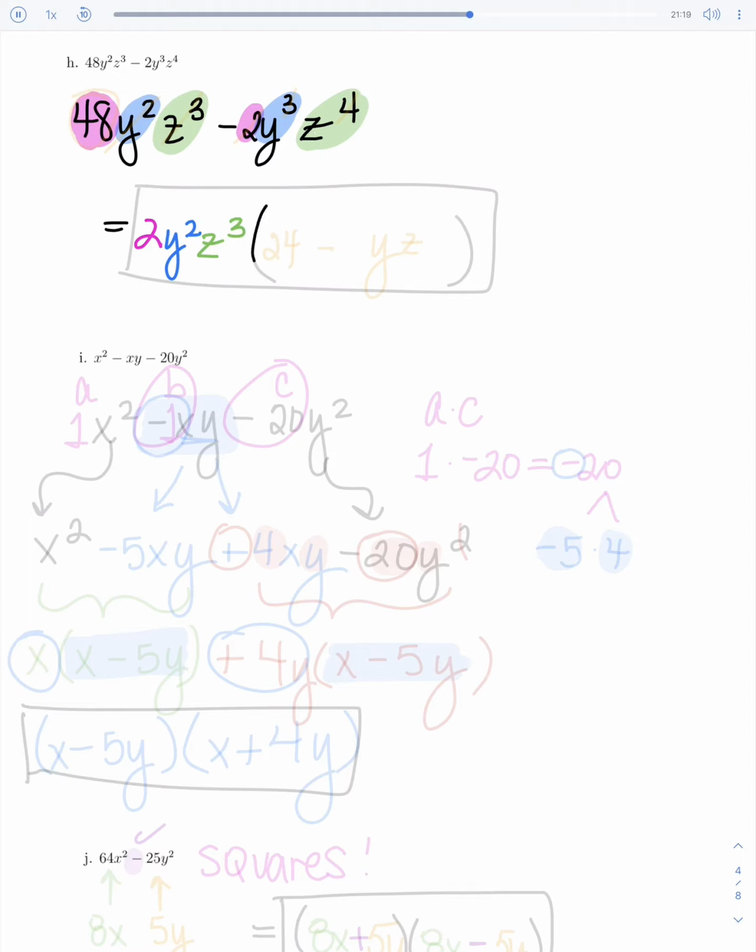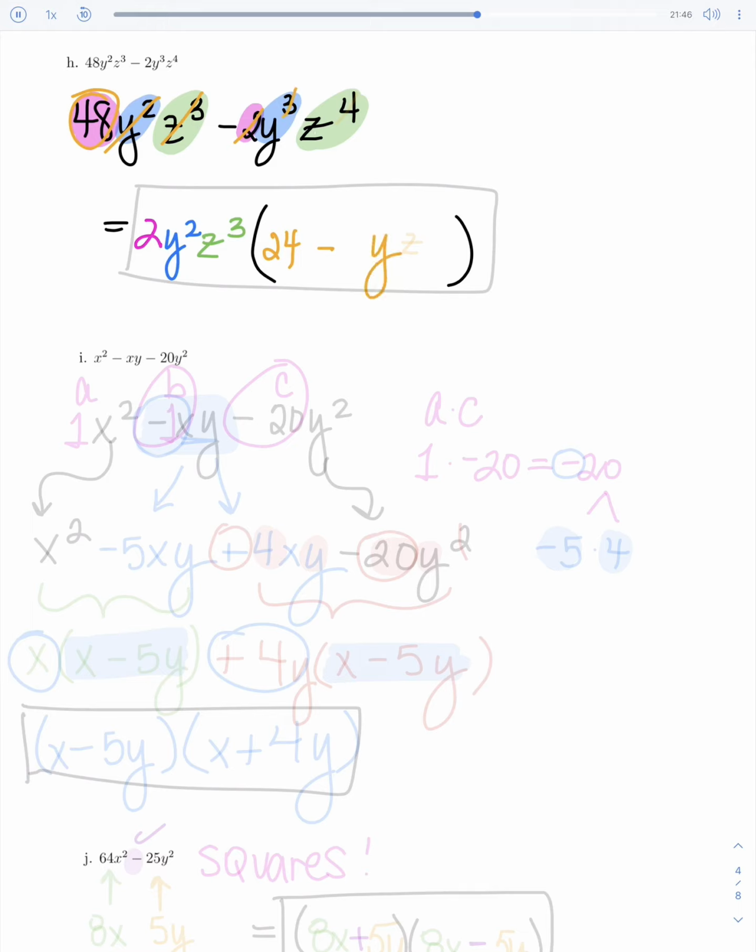And then my leftovers are going to go inside my parentheses after I'm done. So 2 is going to go into 48 as 24. Pulling out 2 y's means they'll be gone, and pulling out 3 z's means those will be gone, so I'll just have the 24. Minus, dividing out the 2 means the 2 will be gone. Pulling out 2 of the y's from the last piece means I still have a y.